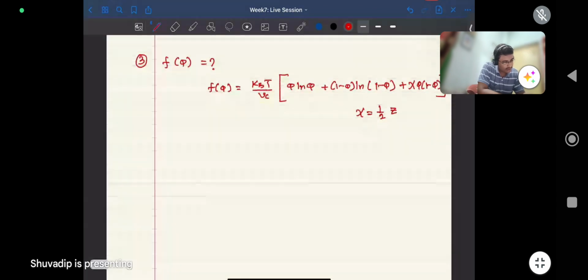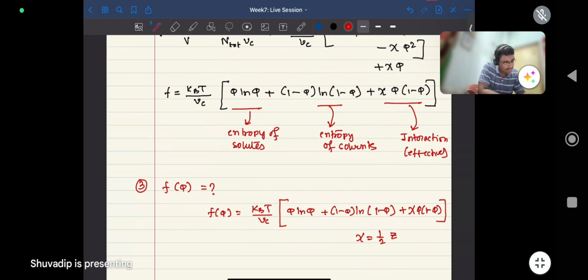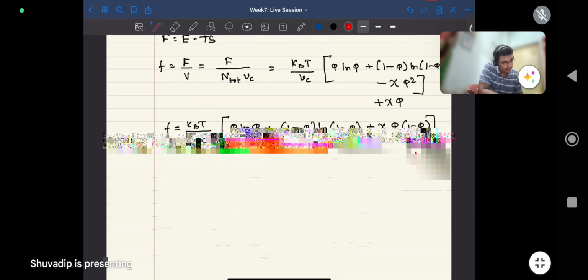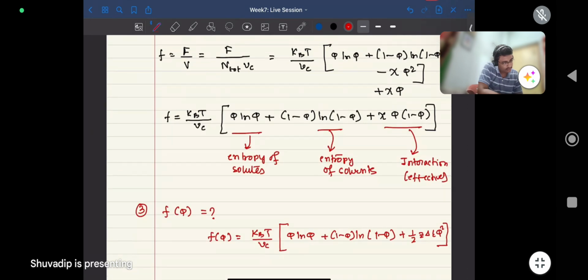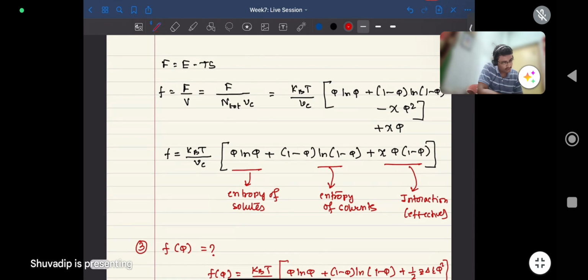So in this case we are taking a kBT outside, so altogether, because kBT is outside, this will be half z delta epsilon chi squared. All good.